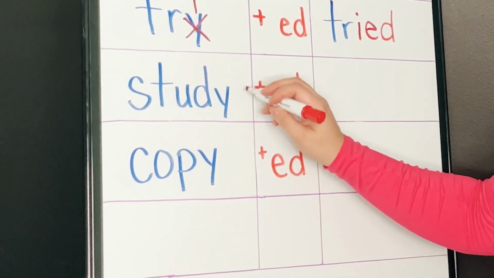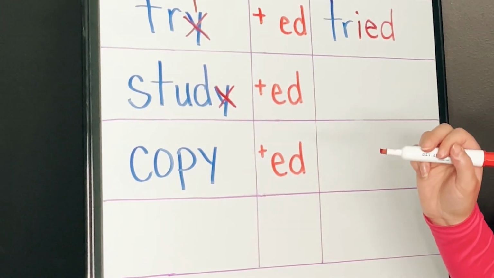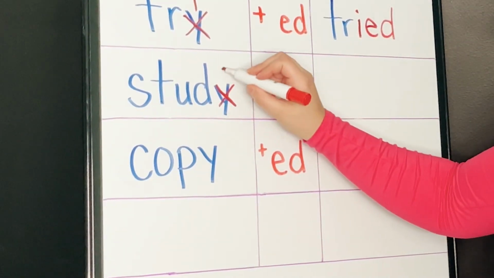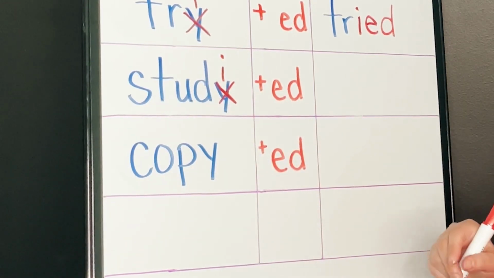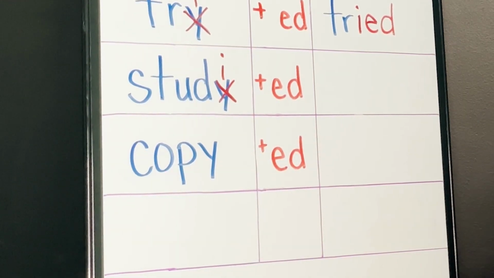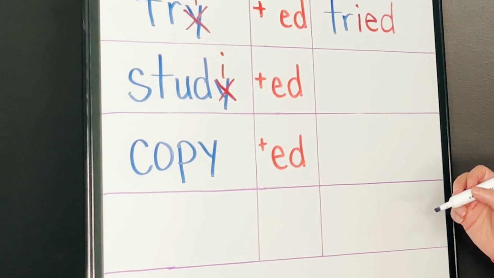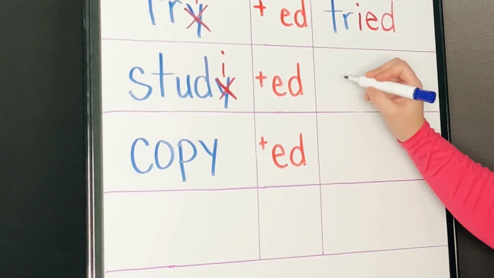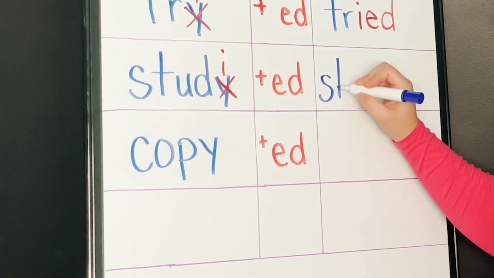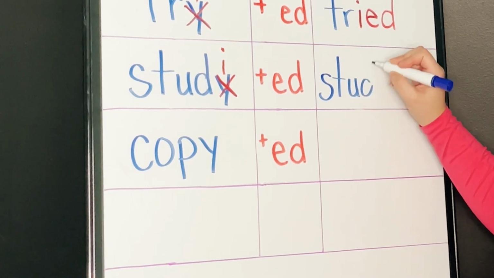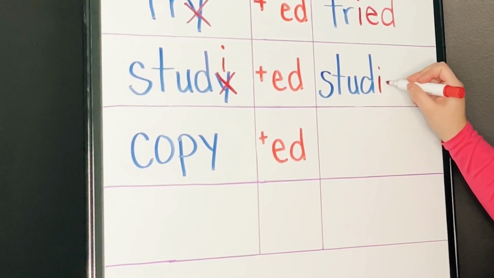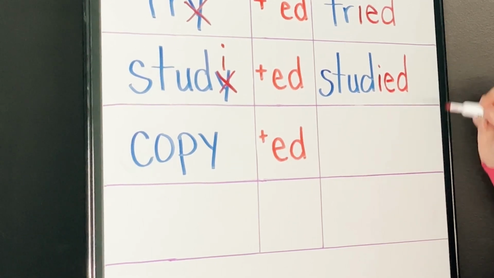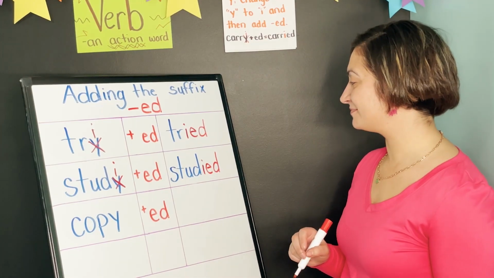With a Y. So we're changing that Y to an I. All right, go ahead and try spelling the word studied on your own. All right, when you're ready, you can look up here and check your work. All right, studied. Yeah.